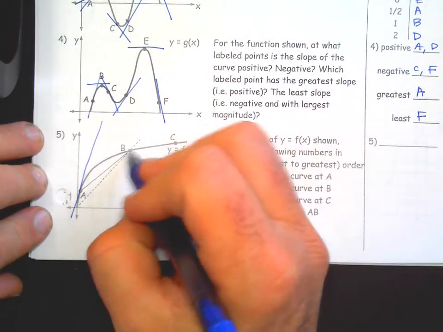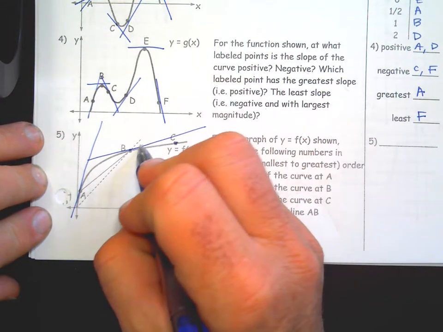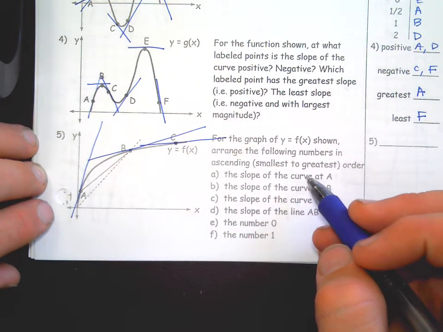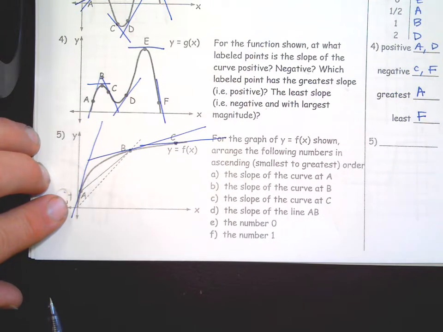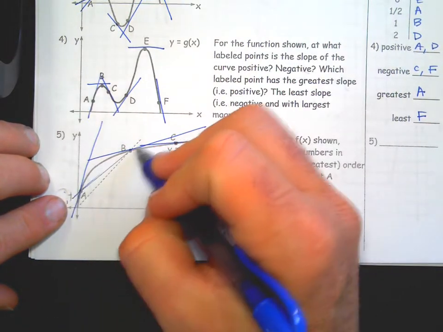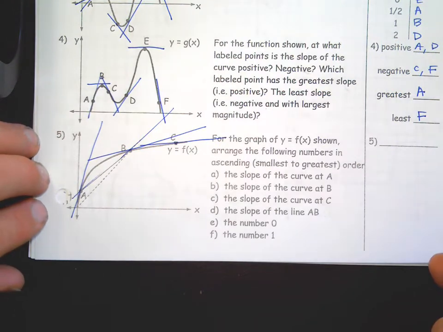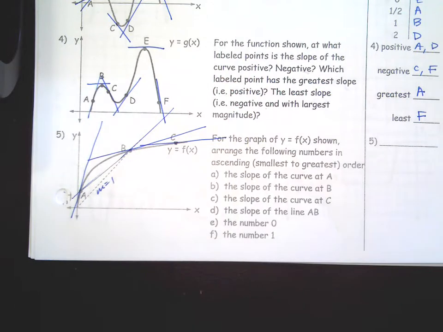Slope of curve B would be that. Slope of curve C would be that. So those are getting smaller and smaller. Slope of 1 looks like it's kind of in between. The slope of the line AB would be this one, right? And then just the number 0 and the number 1. This looks like the slope of 1 right here. So it's just kind of a reference.